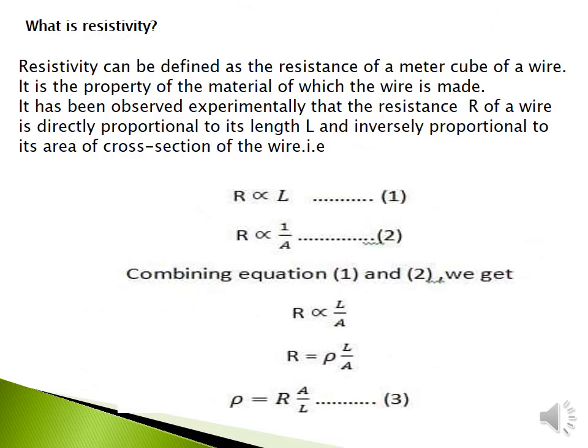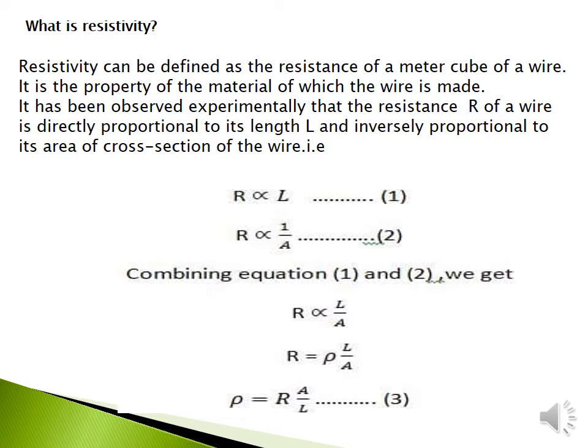Next, what is resistivity? Resistivity can be defined as the resistance of a meter cube of a wire. It is the property of the material of which the wire is made. It has been found experimentally that the resistance R of a wire is directly proportional to its length and inversely proportional to the area of cross section. That's why we can write mathematically R directly proportional to L, say equation 1.